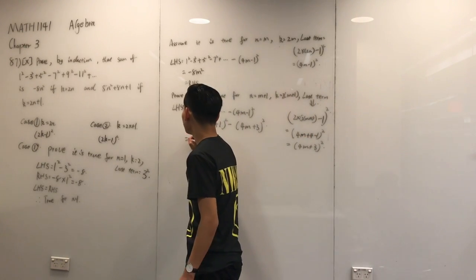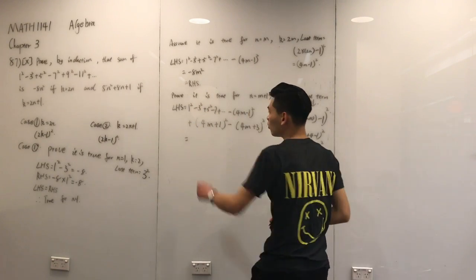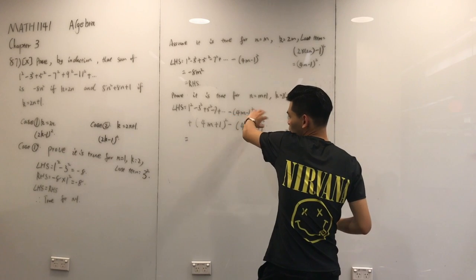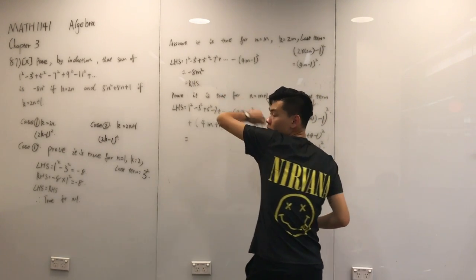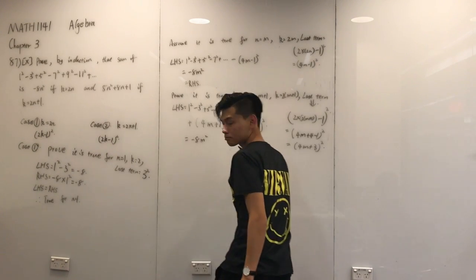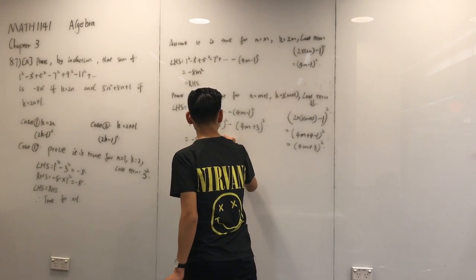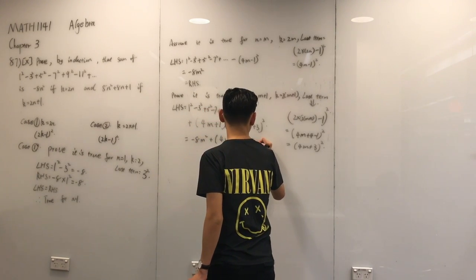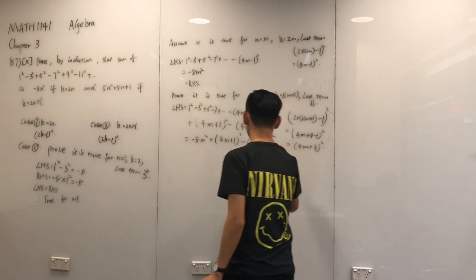Right. And from the previous assumption, we know 1 squared minus 3 squared plus 5 squared until minus (4m minus 1) squared will be negative 8m squared. So it will be negative 8m squared plus (4m plus 1) squared minus (4m plus 3) squared, right?